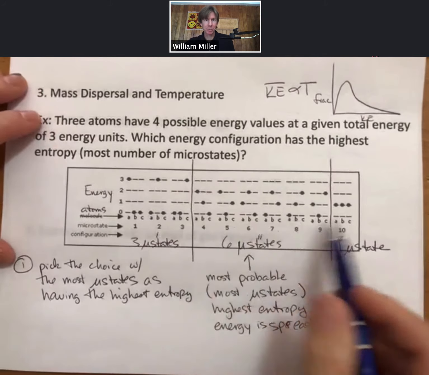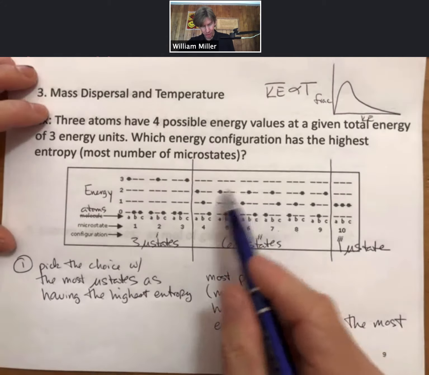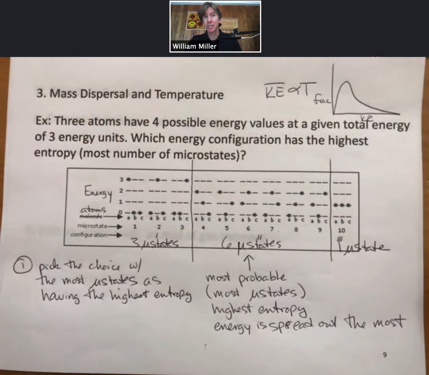So say you had pictures like this and it said which of these states has the highest entropy. You would pick the one with the most microstates. You would pick the one where, in the two bulb examples, the particles are evenly distributed, or the most evenly distributed if you have a variety of choices.